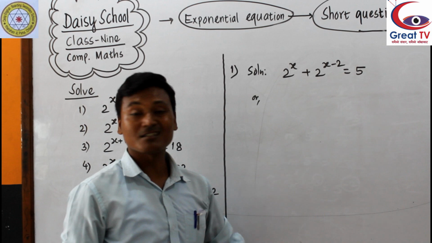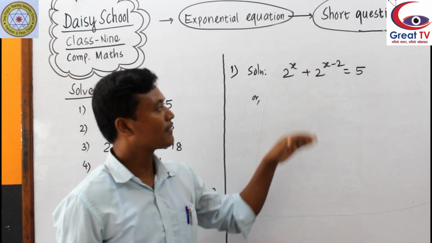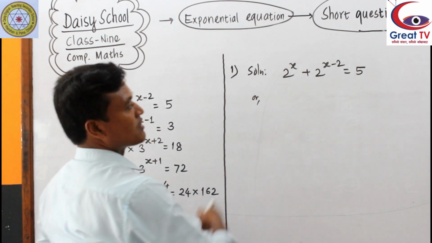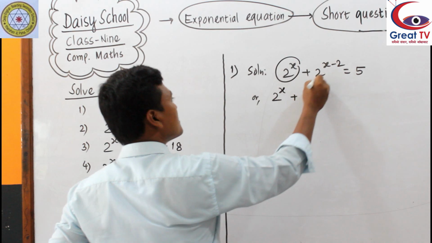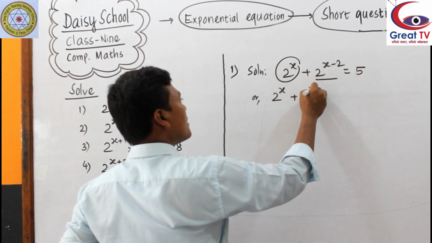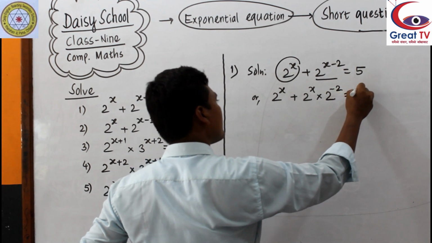My listeners, I will increase my speed a little because we did this type of problem in our previous class. So here, copy 2 to the power x as it is, plus 2 to the power x times 2 to the power minus 2 equals 5.